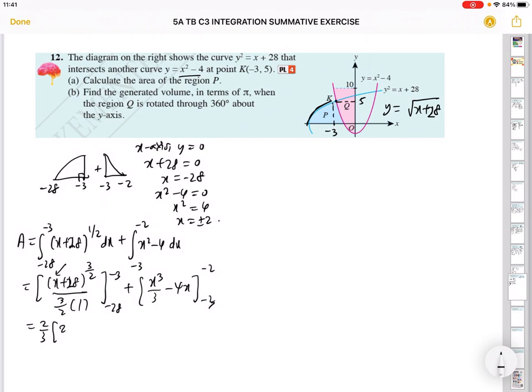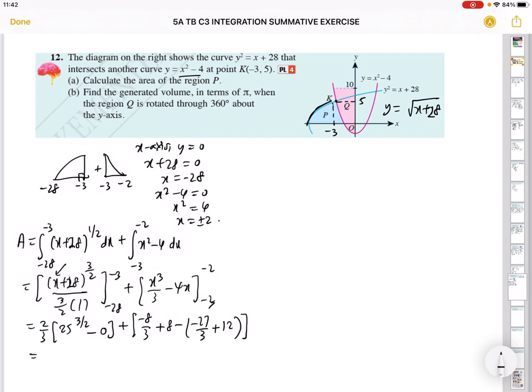Negative 2 to the power 3 is negative 8 over 3. Negative 4 times negative 2 is positive 8. This is minus 27 over 3, you can write negative 9, and this is 12. If you square root 25, you get 5. 5 to the power 3 is 125. 125 times 2 is 250 over 3.